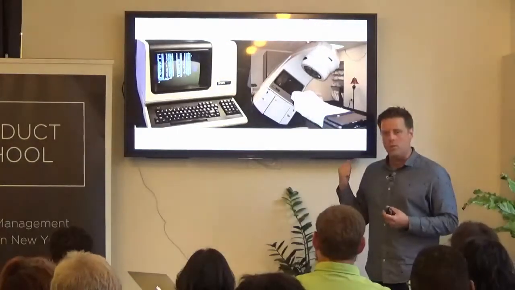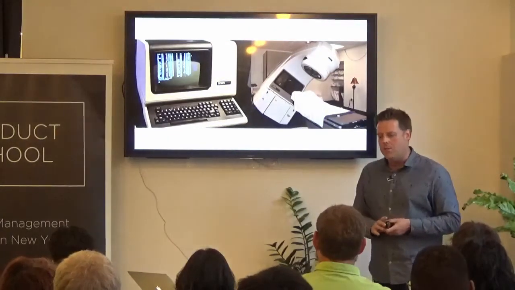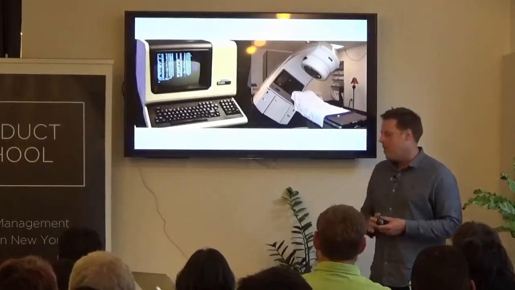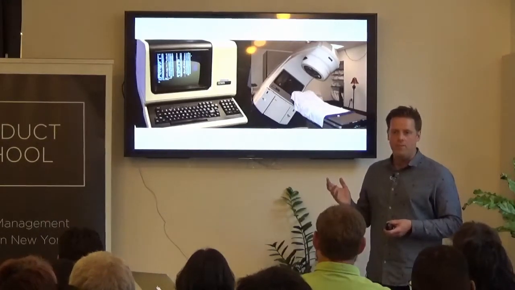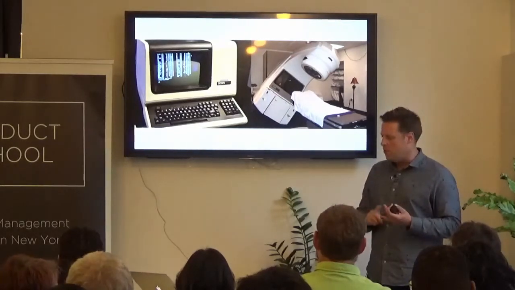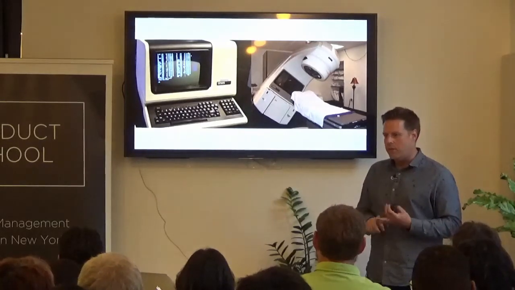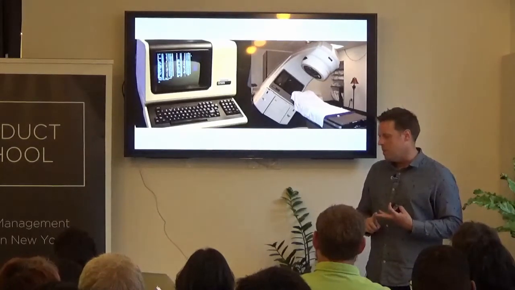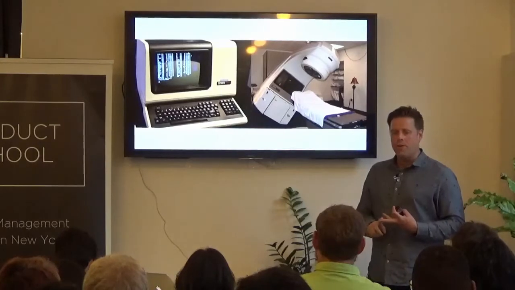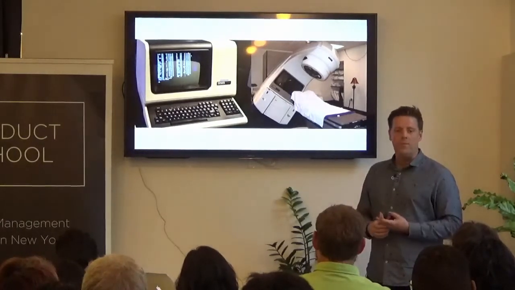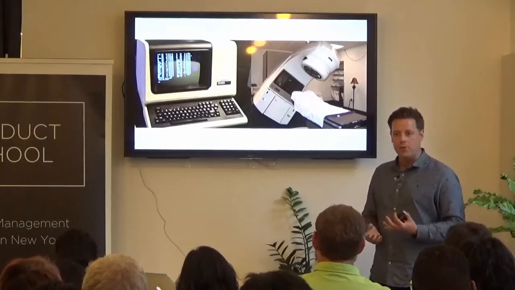This is another example. This is the Therac-25, a machine that would give radiation doses to people that have cancer. Unfortunately, due to a bunch of factors at the same time, a mechanical problem, a problem with the way that error messages were displayed, and a particular software bug, all of those three things together meant that about 4 or 5 people died of overdosing with radiation.